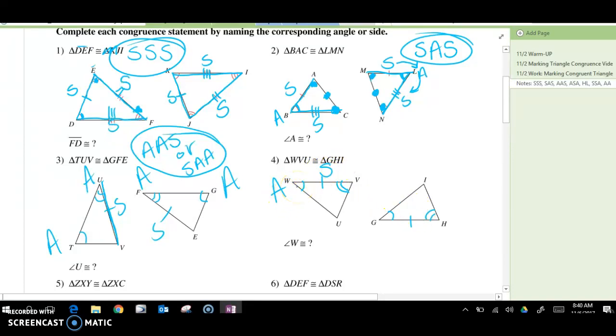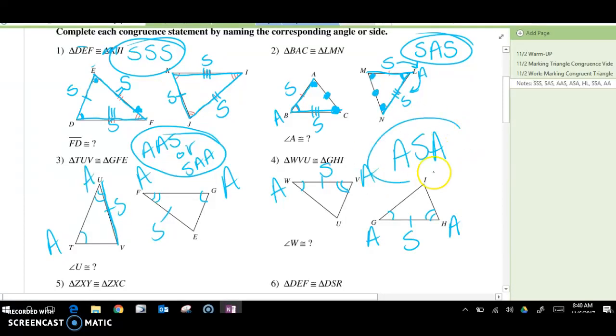W is congruent to G. And side WV is congruent to GH. And then I have V congruent to H. Okay? Got that? So this one is ASA, angle, side, angle.